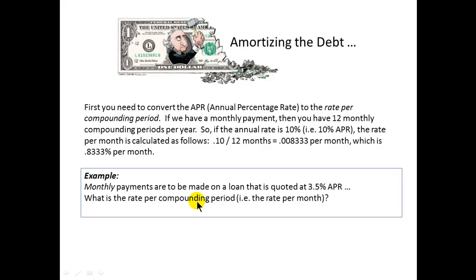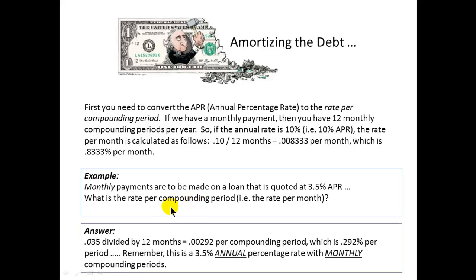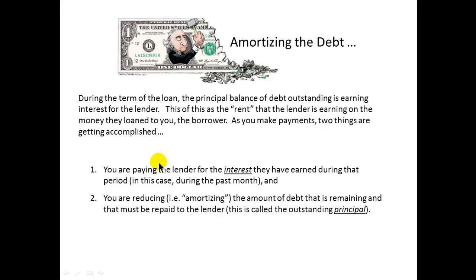So you do the math, it's a monthly rate, and very simply we would take that 0.035 divided by 12 months, and it is 0.00292 per compounding period. Just move the decimal place two points to the right, and then you'll have your percentage, so almost 0.3% per period. And remember, it's a 3.5% annual rate with monthly compounding periods.